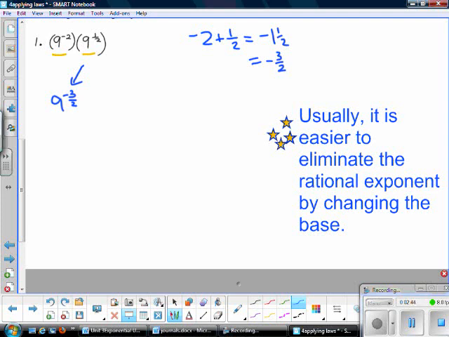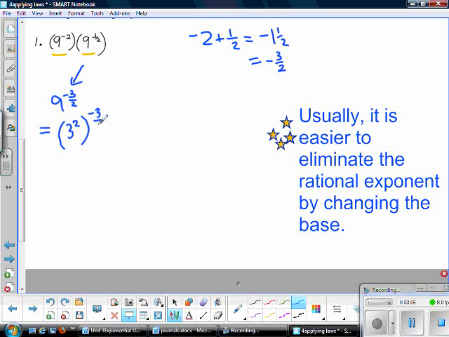I could change now my base of 9 to the base of 3 squared. And watch why I did that.